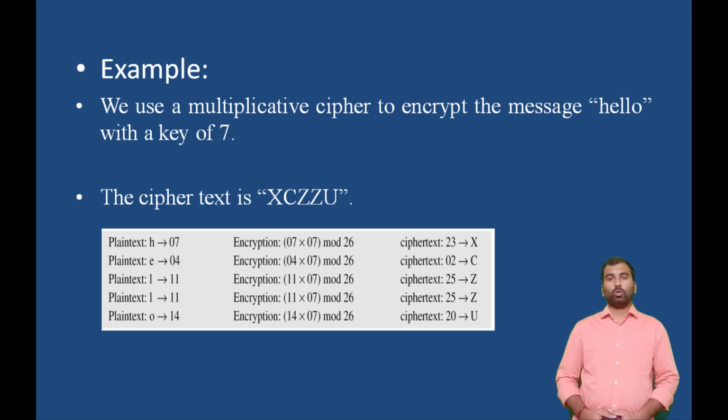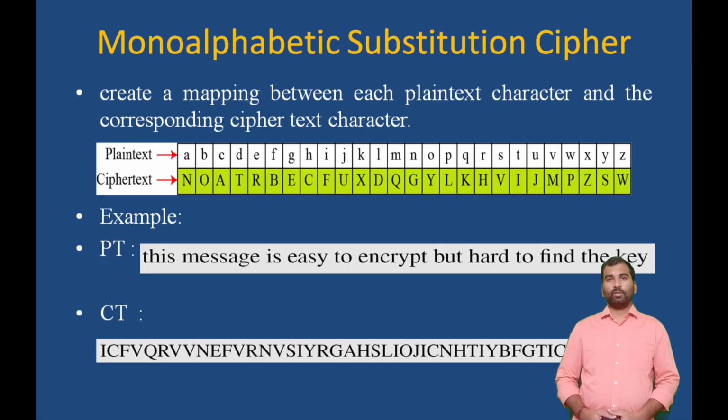Coming to the next one, monoalphabetic cipher. The monoalphabetic cipher is a substitution cipher where the cipher alphabet for each plain text alphabet is fixed for the entire encryption. You can see the diagram here. Each and every alphabet in the plain text will be mapped to a fixed alphabet.